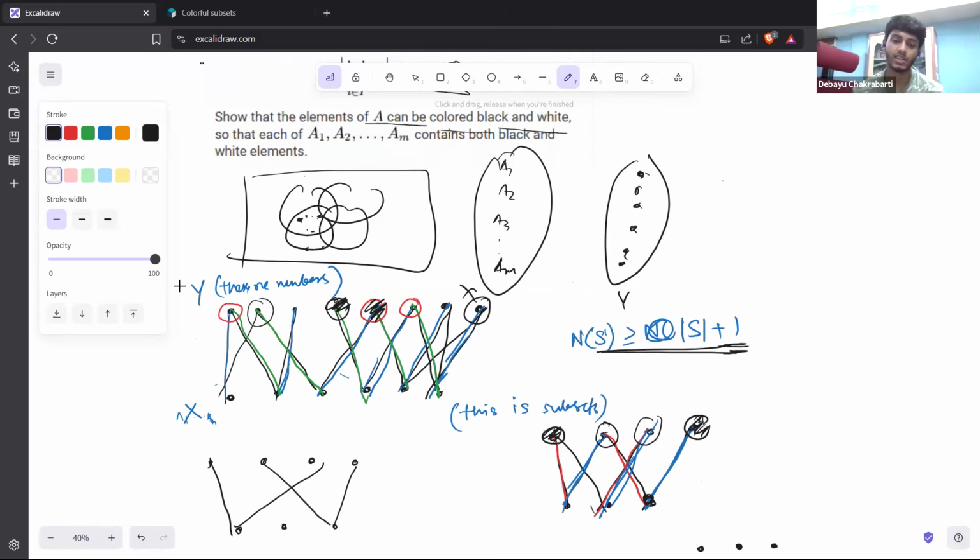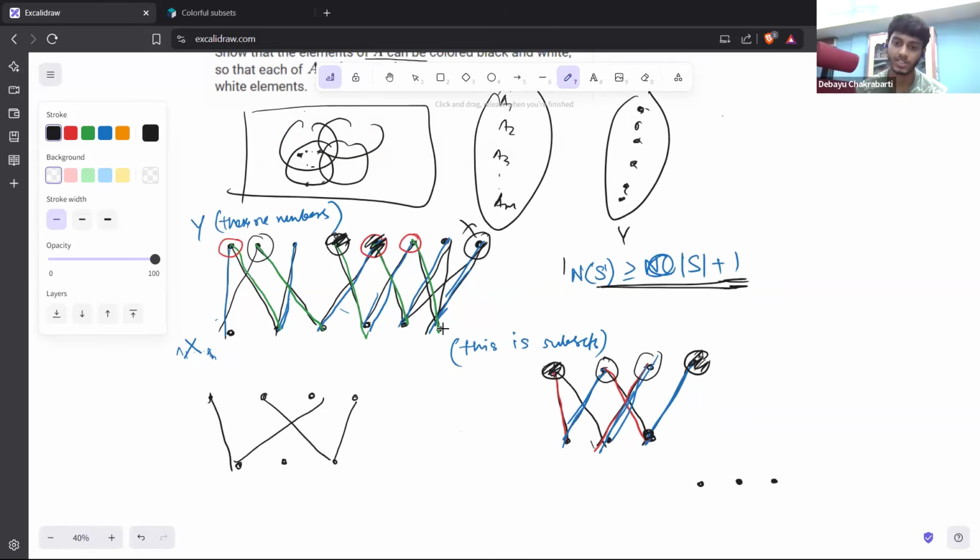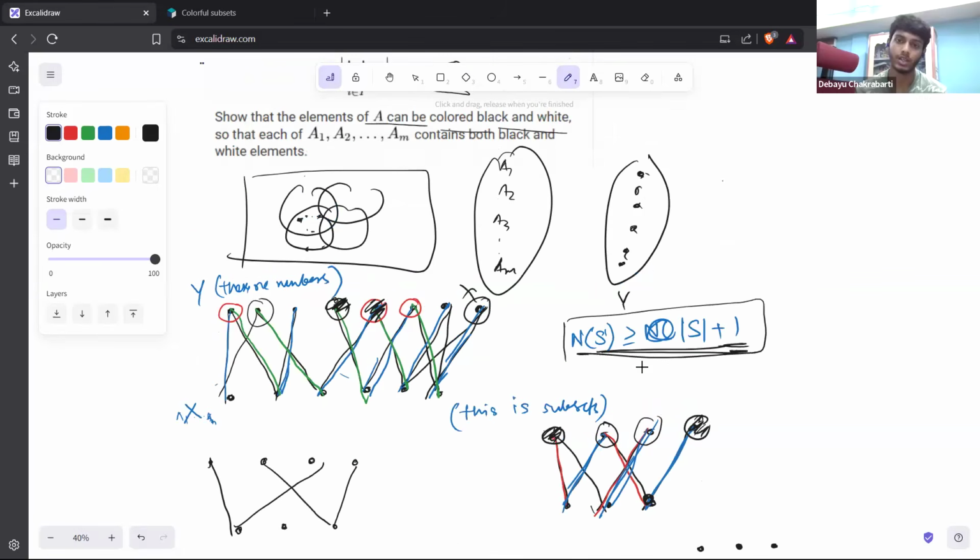One thing I was saying earlier, I couldn't finish saying it. What this condition actually allows you to do is choose to not have a vertex in the maximum matching.